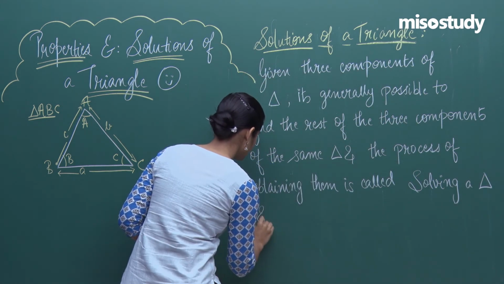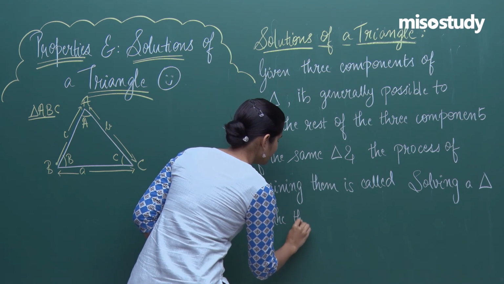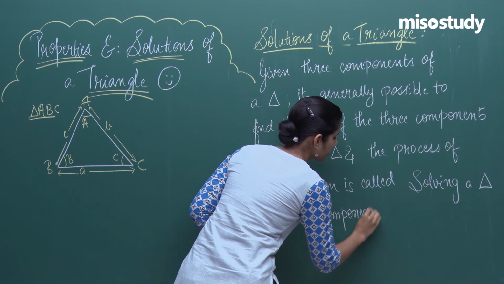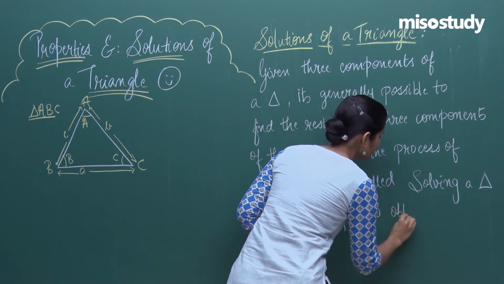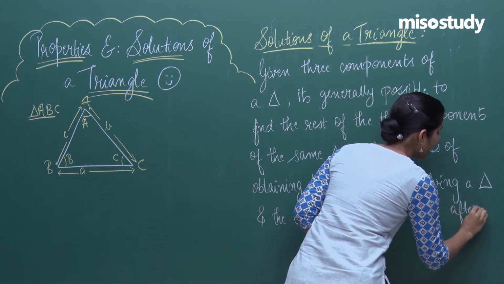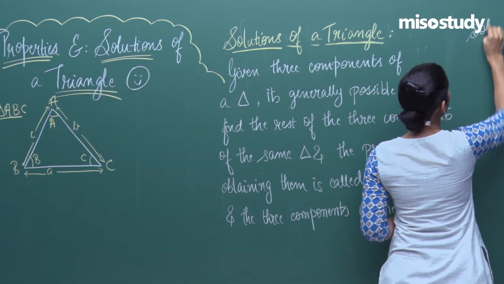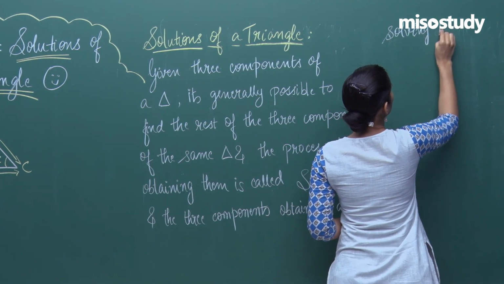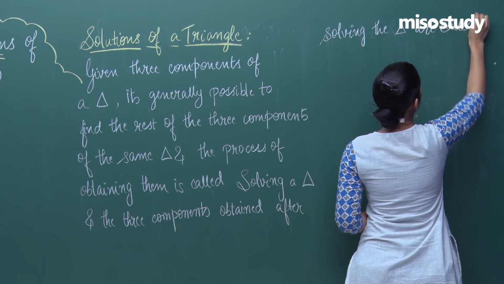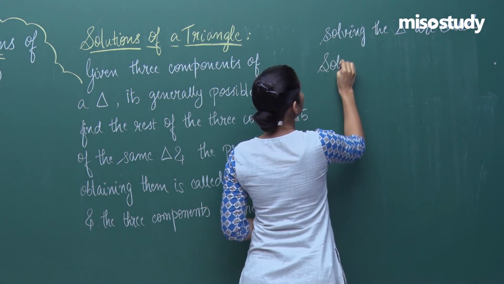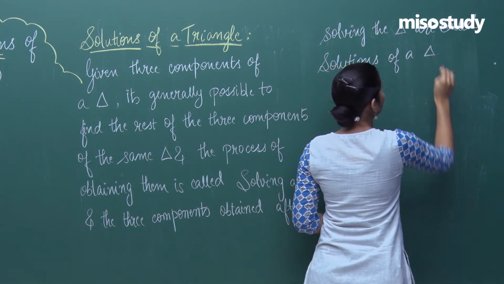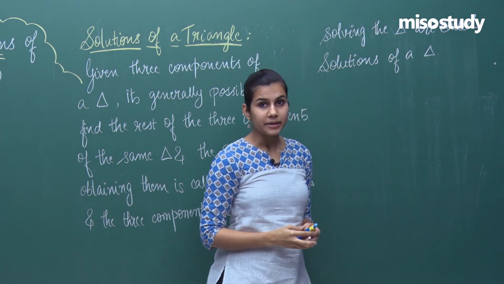And the 3 components obtained after solving the triangle are called solutions of a triangle. That is the meaning.